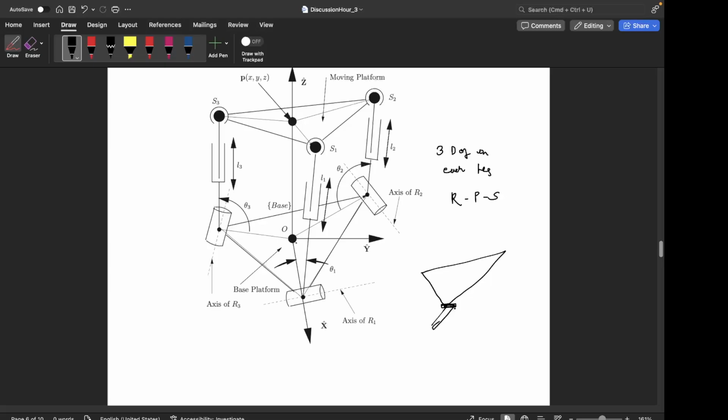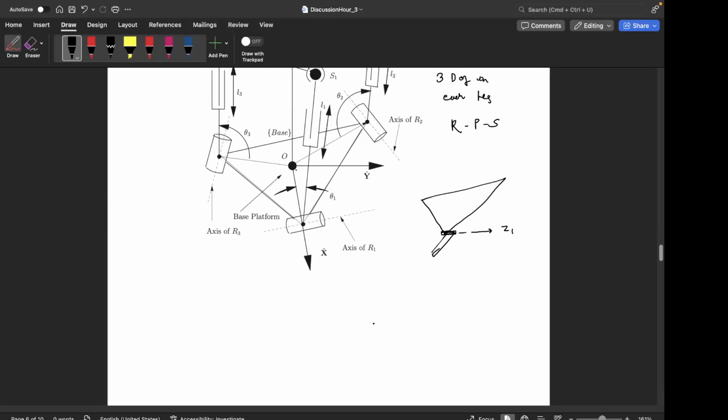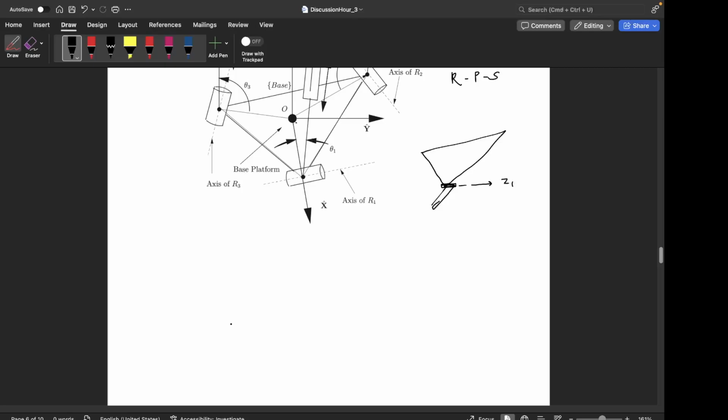Okay. So if this is z1, and what it's mentioning as theta 1, I think we should draw our own diagrams now, because it's kind of difficult to imagine this.